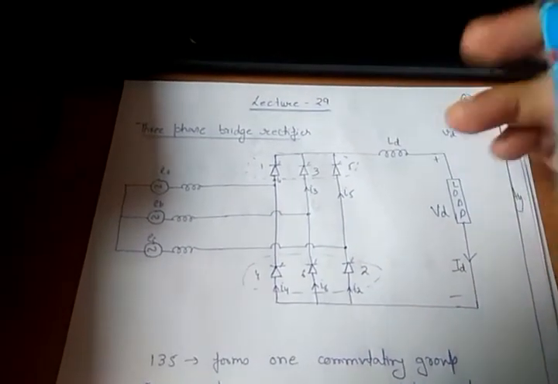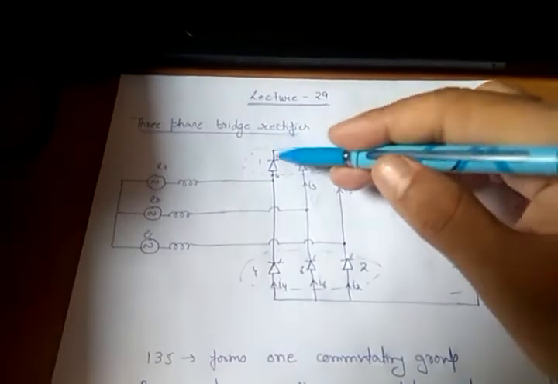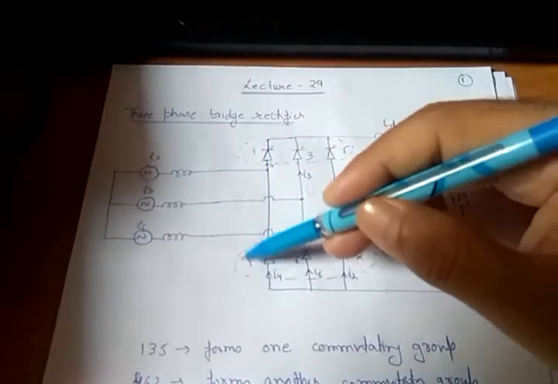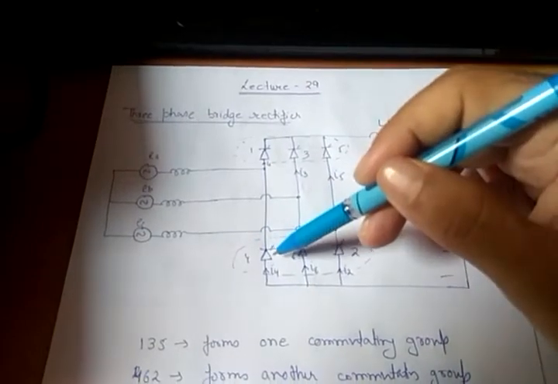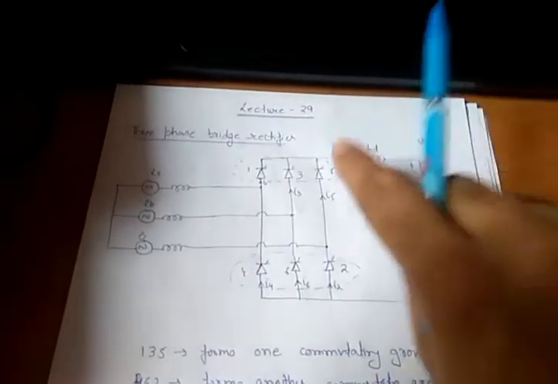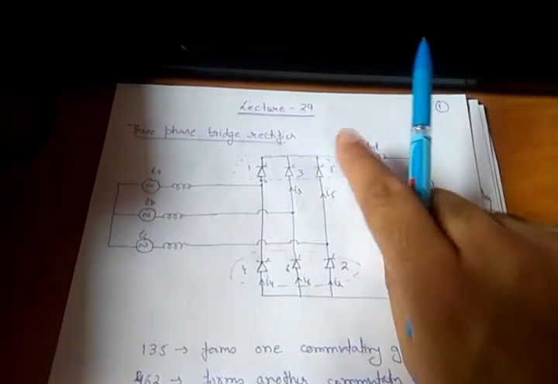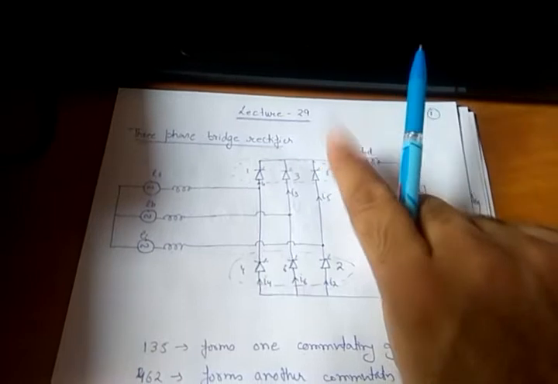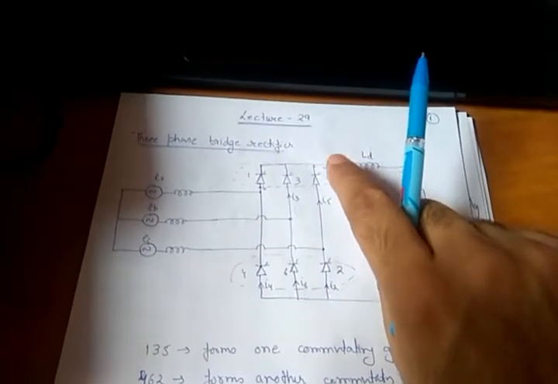Commutating group means out of these 3, 1 will conduct at a time, and out of these 3, 1 will conduct at a time. How many valves are there in this group? 3, and only 1 is conducting at a time.